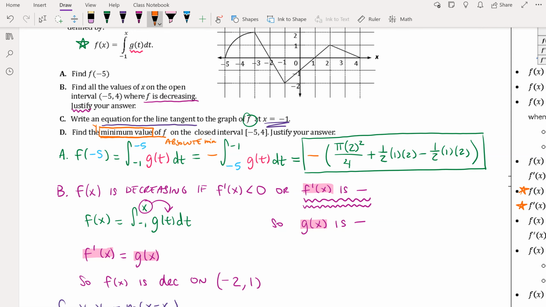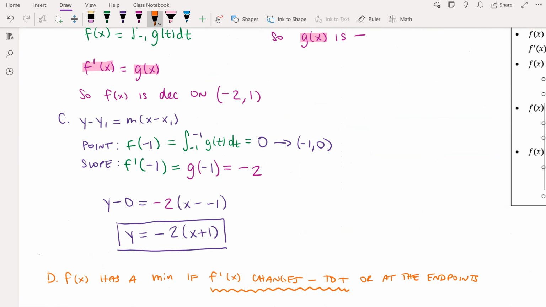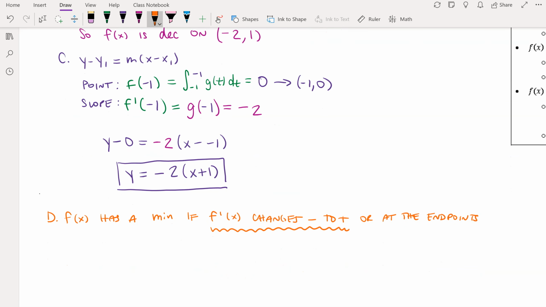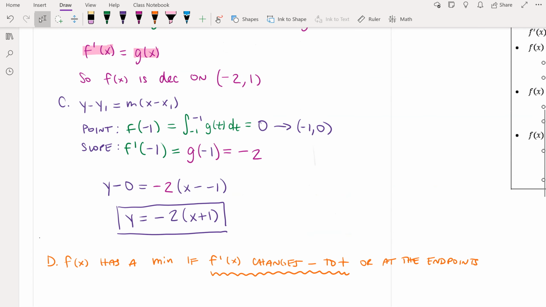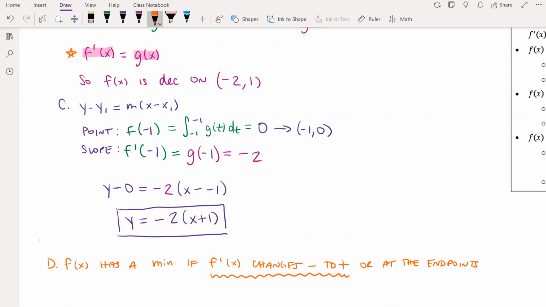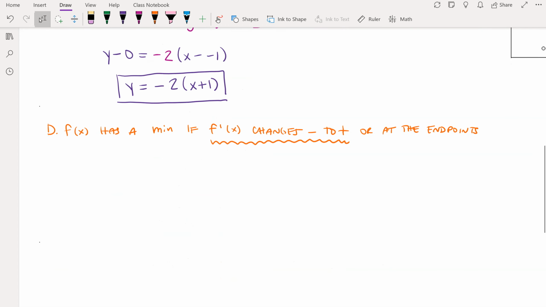But let's go back down here. So we need to know where f prime changes from negative to positive, or we need to know about the endpoints. So first, where does f prime change negative to positive? Well, if we recall, we need this statement again. F prime is the same as g. We found that earlier, so let's write it down again. F prime of x equals g of x.